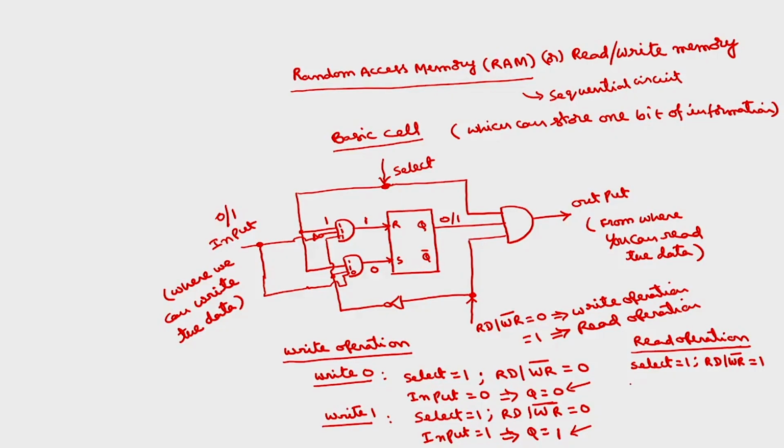Okay. So for select equal to 1 and read by write bar equal to 1, what will be the output of the last AND gate? Output is simply the AND of select, which is 1, read by write bar, that is also 1, and then Q. So simply Q. So if Q is equal to 0, output is 0.